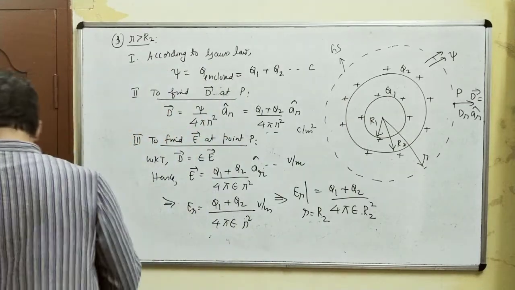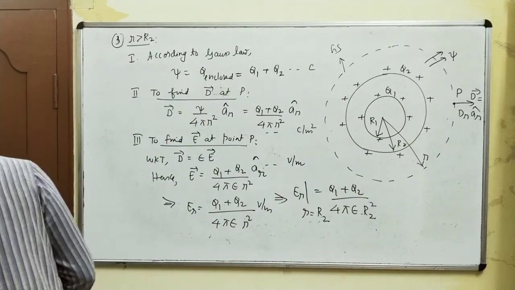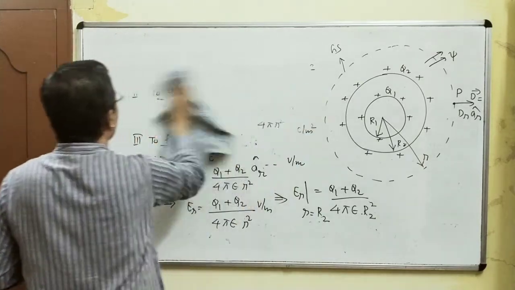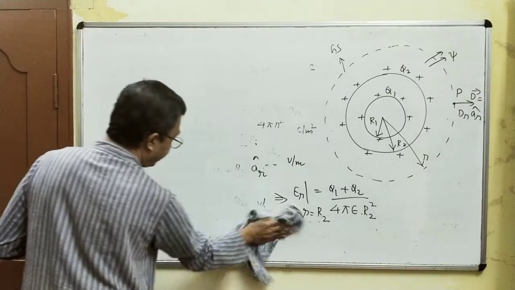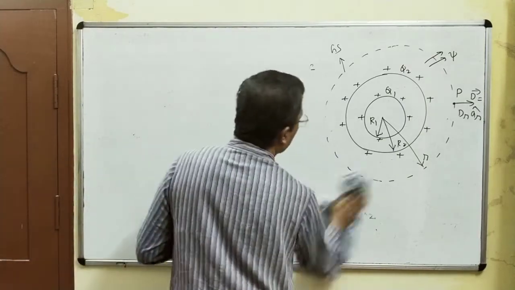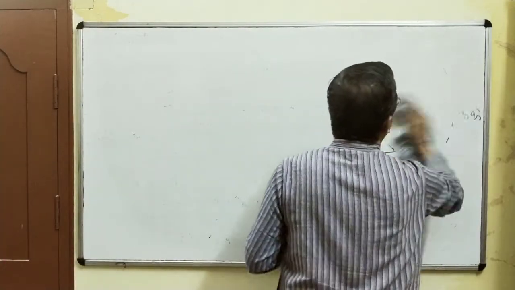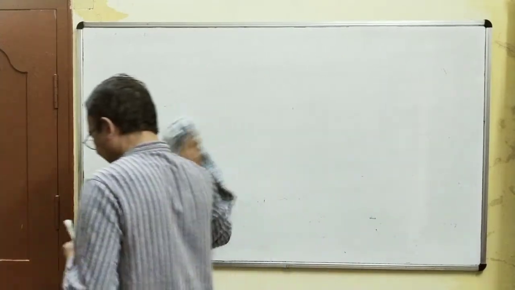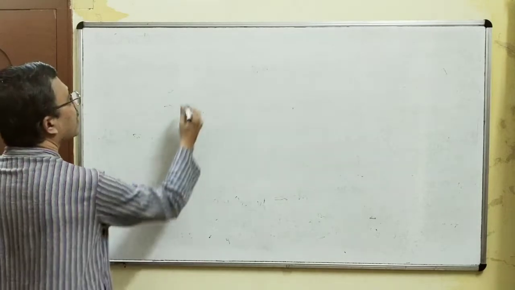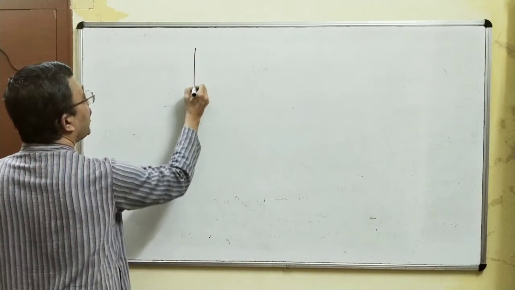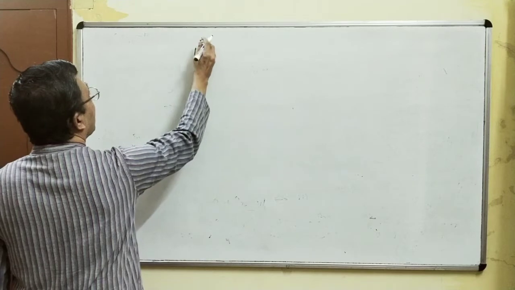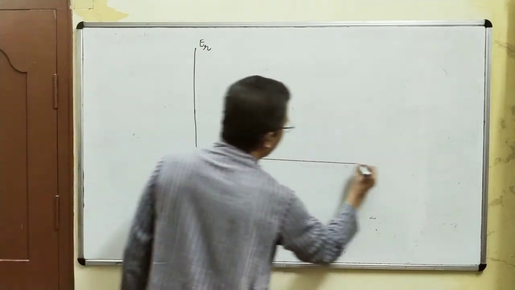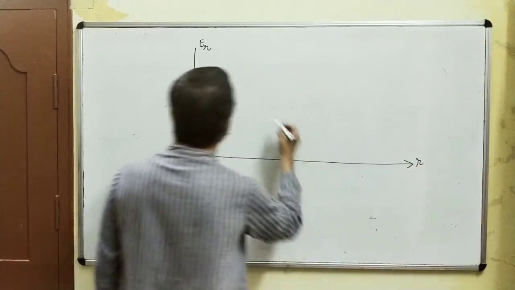Now I will make a sketch of the variation of electric field intensity with respect to radial distance. Along the y-axis we take E_r. Along the x-axis we take radial distance.